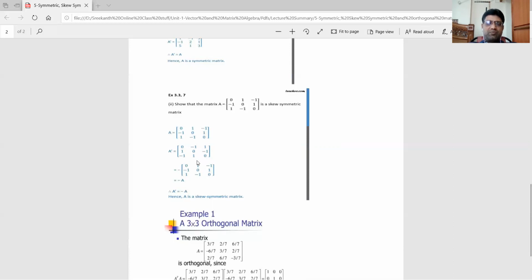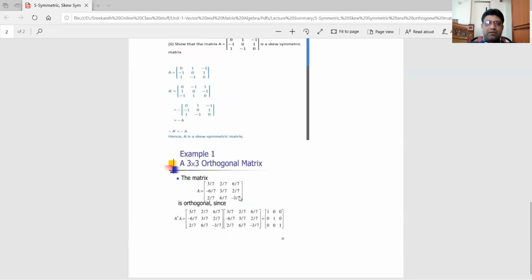So I can write this matrix like this. If you send this minus inside, I get the same matrix. Now this I can write as minus A. So A transpose equals minus A means clearly it is a skew symmetric matrix. And you can observe clearly here that the leading diagonal, the principal diagonal entries, are all clearly 0.